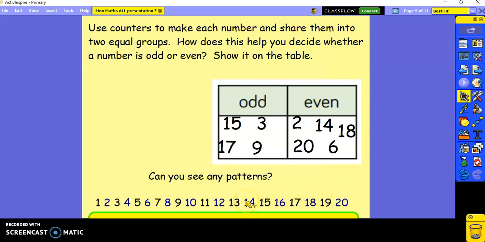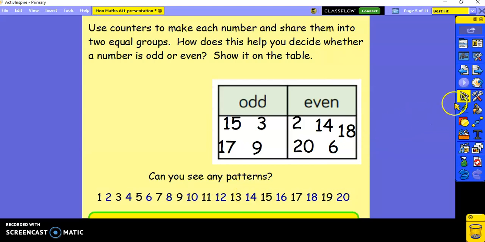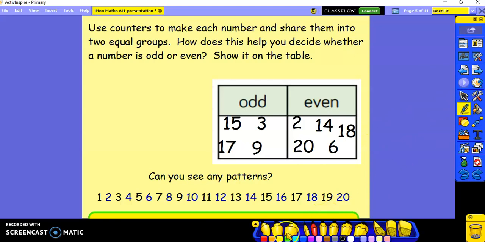Now you might have also spotted the pattern with the ones digit in each of these numbers. Here we've got 2, 4, 6, 8, and a 0. Look, the ones: 2, 4, 6, 8, 0.